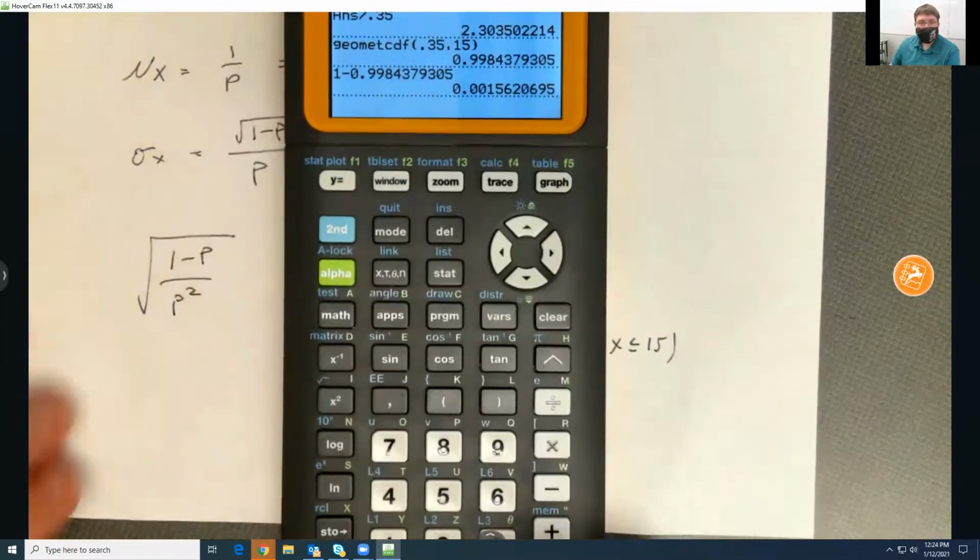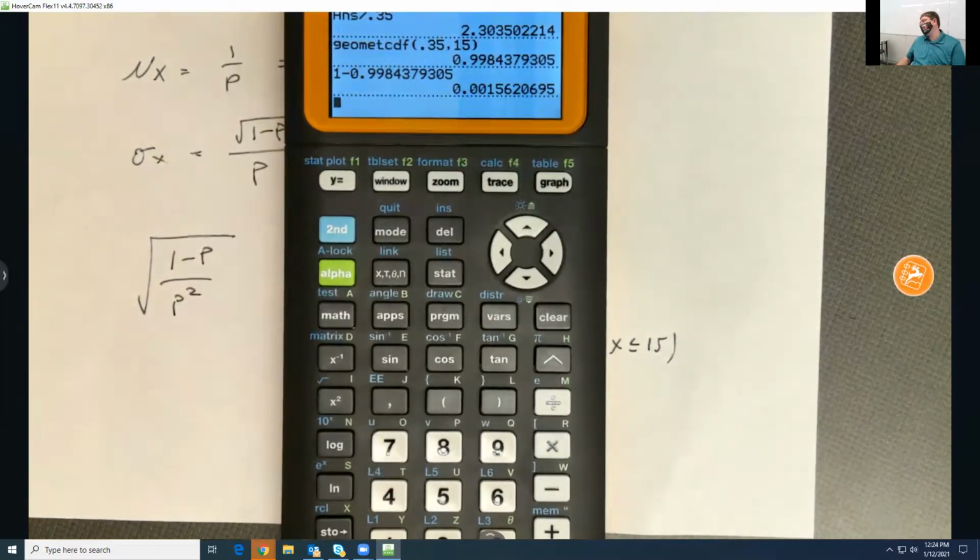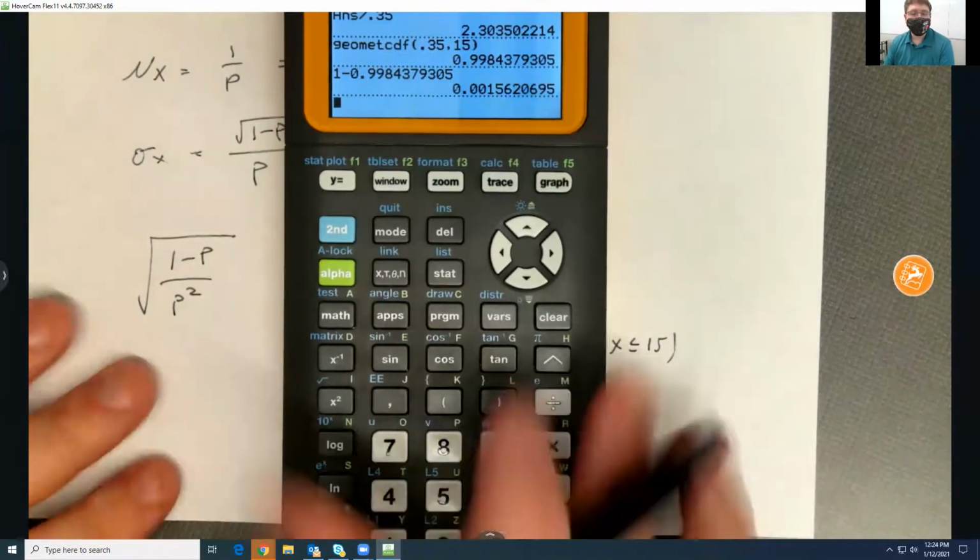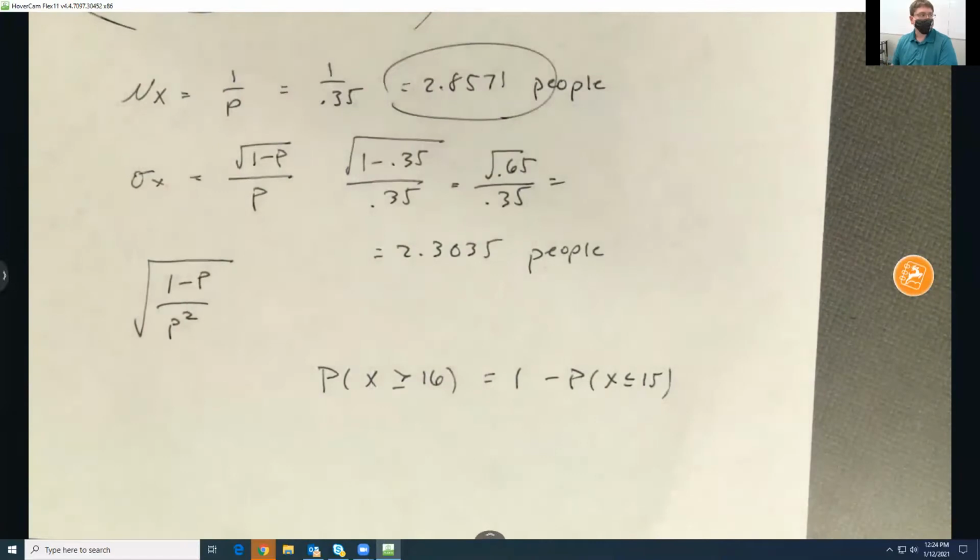So 15 people have seen the house and haven't bought it yet. She's not doing something right, and there's a 0.1% chance of that being likely. So you might see a question like this in the homework that asks, this is the actual rate, does this seem reasonable? What's going on here? You can test any number in here that you want because it can go to infinity. That's it for the notes.